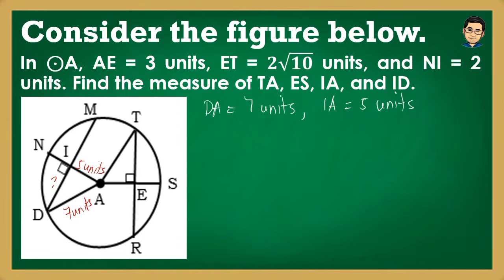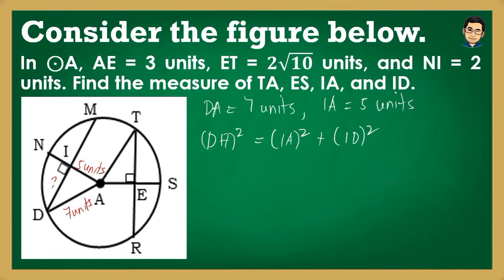So, to form the equation, DI or DA squared is equal to IA squared plus ID squared. So, yung DA po dyan is ang magsisilbing hypotenuse. Okay, so the longest side of the right triangle.